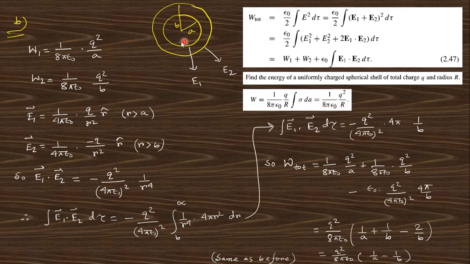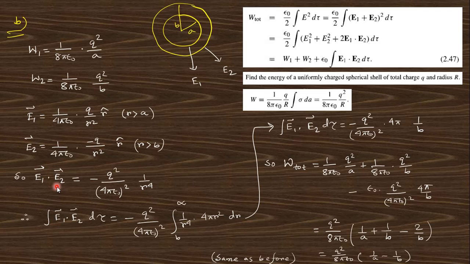So for formation of this shell with radius a, this will be q squared by a. For formation of the outer shell, radius b, q squared by b. And the electric field for this inner surface will be like that, and for the outer surface like that, because this is a plus q charge and this is a minus q charge.